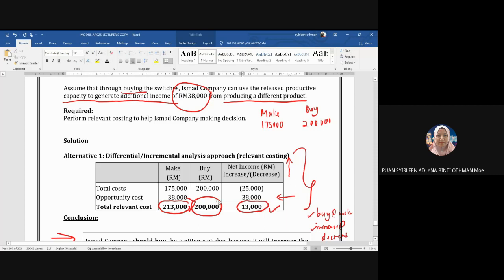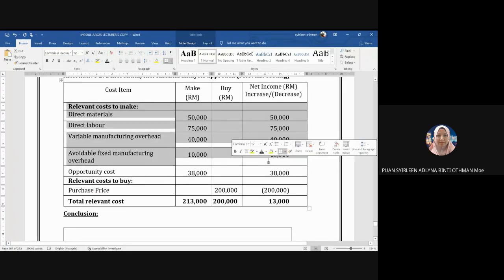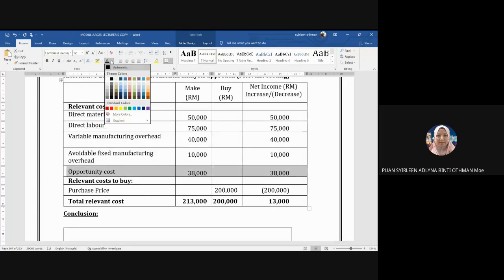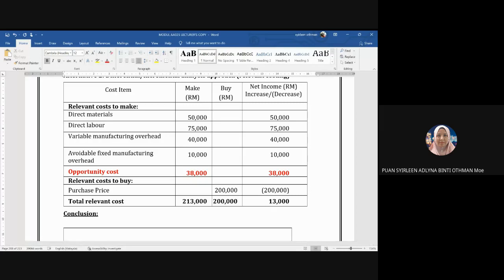Okay. Actually kalau situation tu dimasukkan dalam soalan. Okay. Your answer should be like this. Okay. This is the first part yang kita buat tadi. Alright. Okay. Cuma bezanya sekarang ni kita ada tambahan cost. Okay. Which is 38,000. Alright, so 38,000 tu ialah opportunity cost. So opportunity cost tu dia akan masuk dalam make sebab dia adalah relevant cost di make. Okay, and then kalau kita dapati jawapan kita tadi is 13,000.